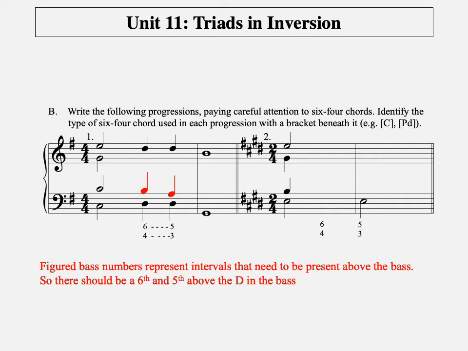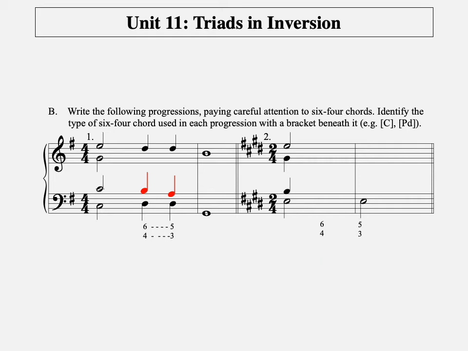A fourth and a third above D would be a G going to an F, and you can see how that's going to fit real easily in the alto voice, which is already on G. And then since there's a 4, that means there's a fourth above that D in the bass, so that's a G, and it moves to a third above the D in the bass, which is an F sharp. And you can see how the alto is a good place for that to happen.